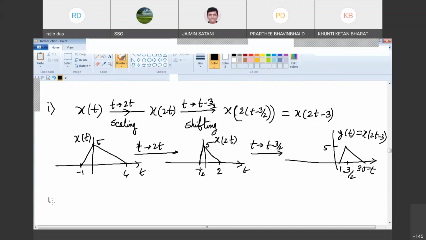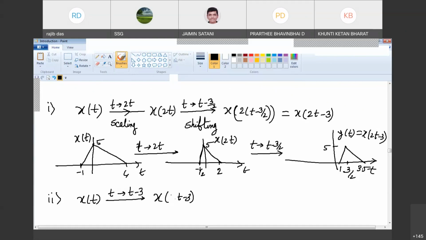The second way, what I can do, I can start with x of t, then t should be replaced by t minus 3, then what will we get?